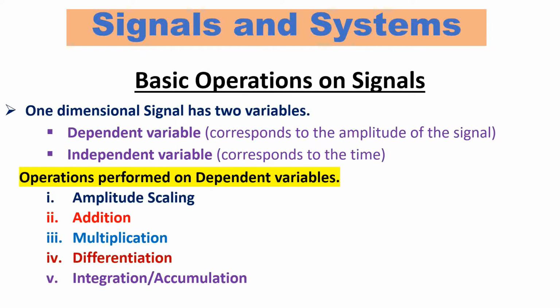In this lecture, we study basic operations on signals. Already we know that signals are of two types: one is one-dimensional signal, another one is two-dimensional signal. One-dimensional signal has two variables, that is dependent variable and independent variable. Dependent variable is nothing but the value of the signal or amplitude of the signal.